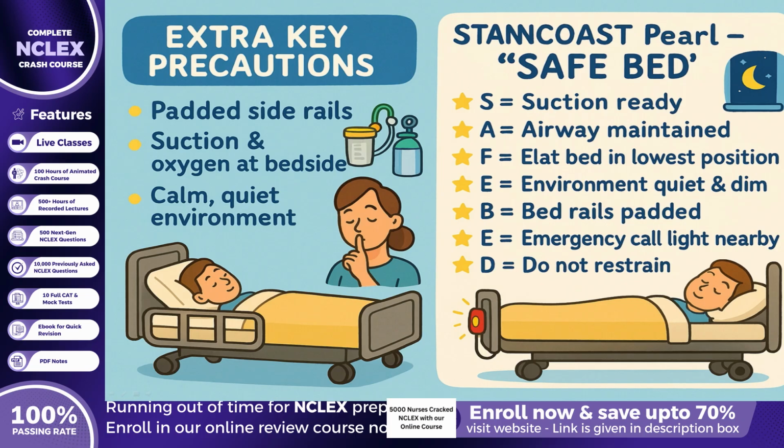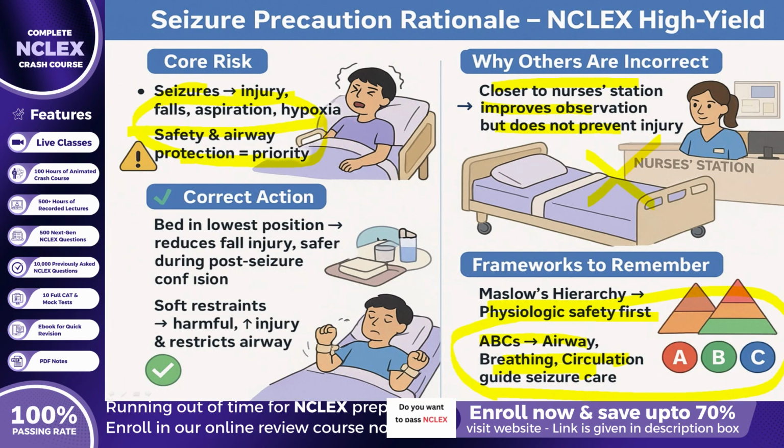But this measure is limited, not always necessary, and does not address the greater risk of falls or head trauma. Finally, option 4, applying soft limb restraints, is absolutely contraindicated. Restraining a client during seizure activity can worsen musculoskeletal injury, restrict circulation, and even compromise the airway. Instead, nurses should allow free movement while keeping the client safe from sharp or hard objects.